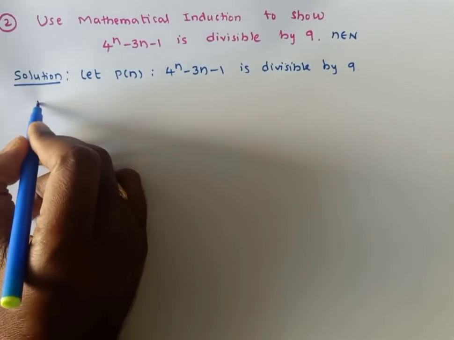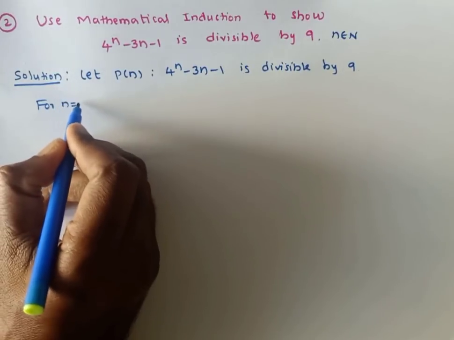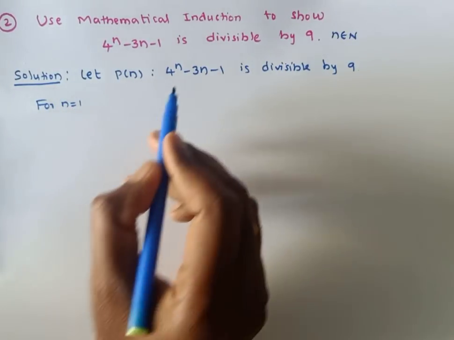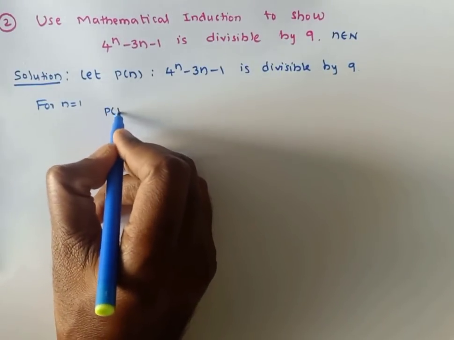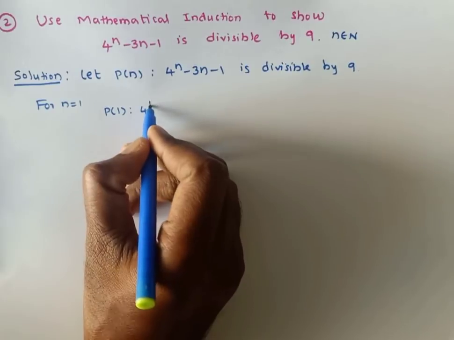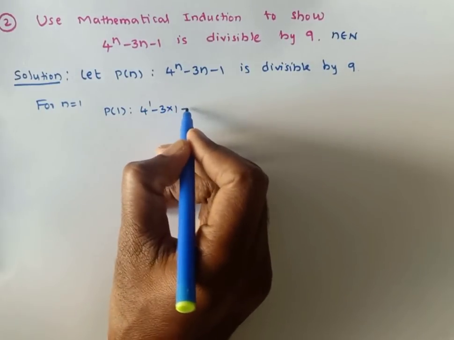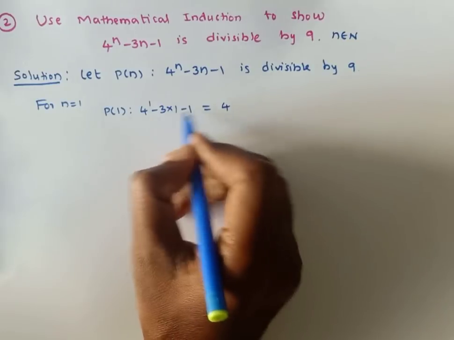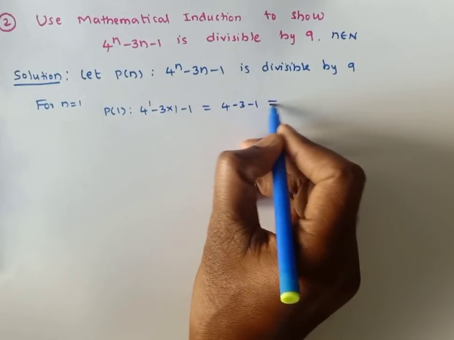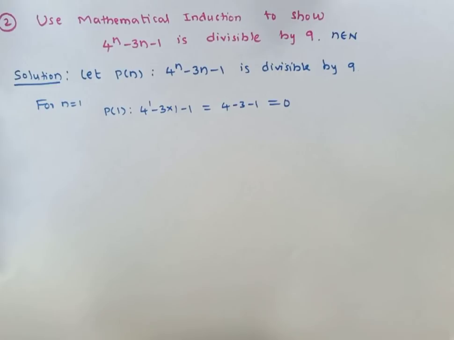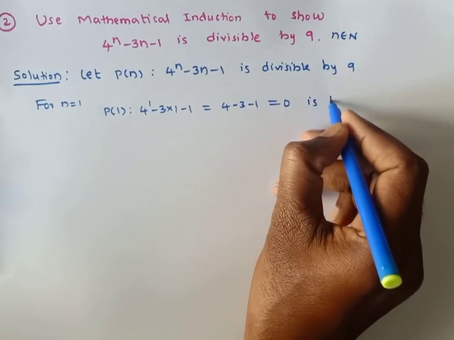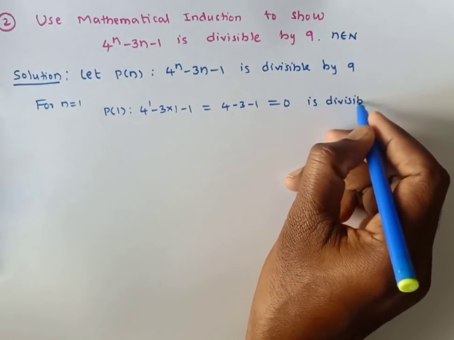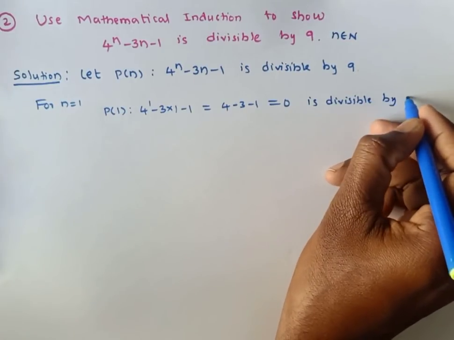Now first we need to check whether the given statement is true for n equals 1 or not. Put n equals 1 in the given statement. P of 1 is 4 to the power of 1 minus 3 into 1 minus 1, which is 4 minus 3 minus 1, that is 0. 0 is always divisible by any number, so 0 is divisible by 9.